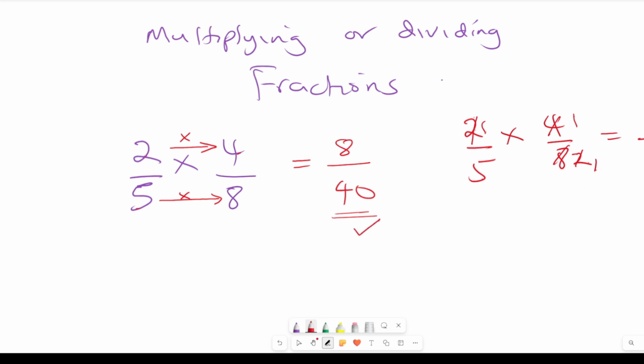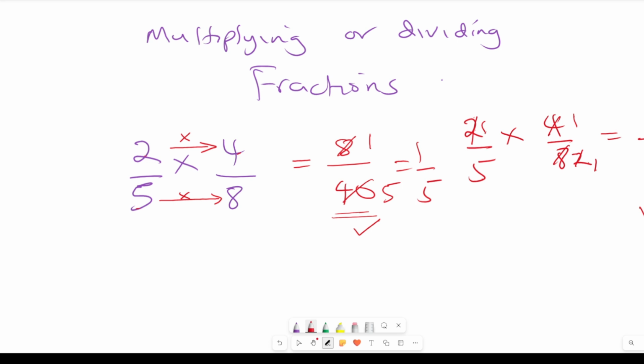But a student who leaves the answer as 1 over 5 is more correct, because their final answer reflects a more mature student. Here we can also simplify using the HCF. The HCF of 8 and 40 is 8. So 8 goes here 1, 8 goes here 5, and we have 1 over 5.